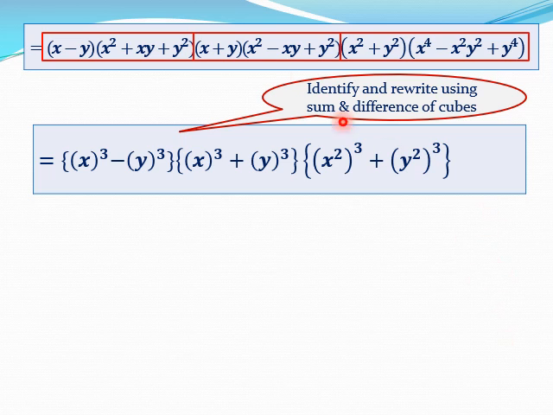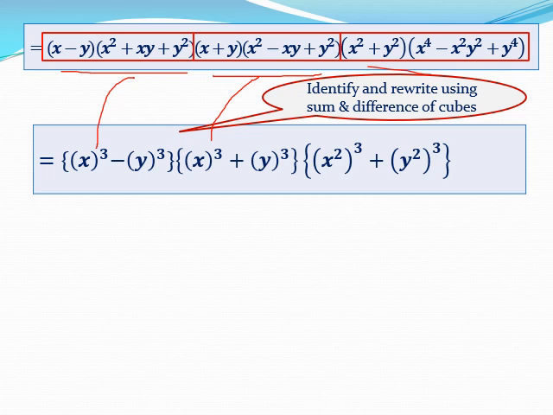As we are familiar, the product of the first two factors is equal to x³ − y³, and the product of the next two factors is equal to x³ + y³. As there is a plus sign, we write here also a plus sign.